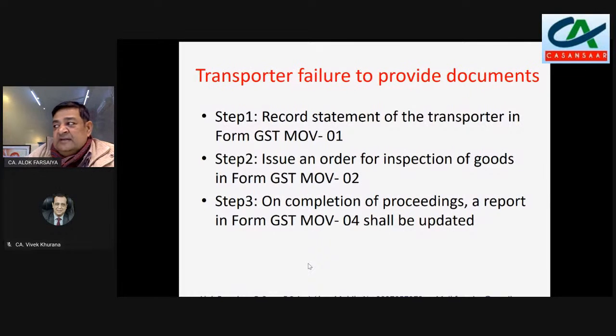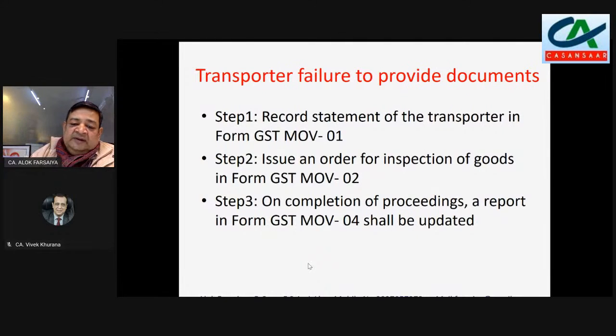And if no discrepancy is found, then obviously they cannot detain the goods. And if a discrepancy is found, then they issue a show cause notice asking why the penalty should not be levied on the goods. In reply to that show cause notice, either the supplier or the recipient, whosoever is there, has to file a written submission that the allegation made by the officer detaining the goods is incorrect.